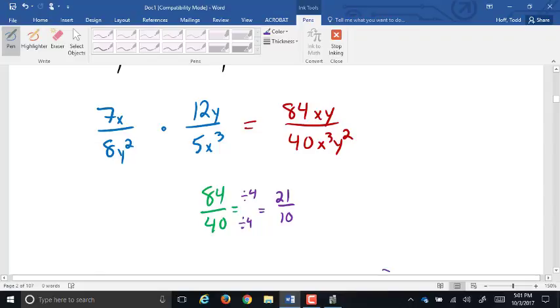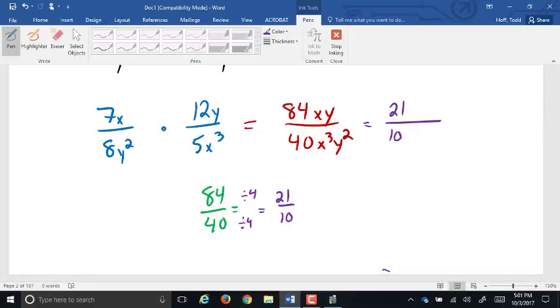Can I change that into 2 1/10? No, I cannot. Because there are variables there, I do have to leave it, even though the larger number is on top. It looks like an improper fraction, but it isn't necessarily because we don't know what the variables are.